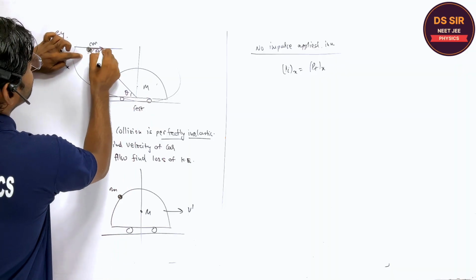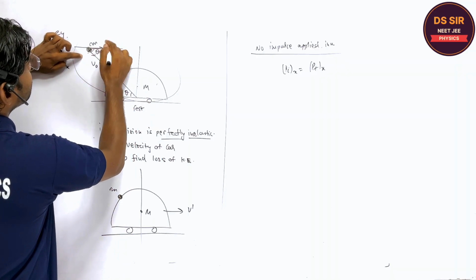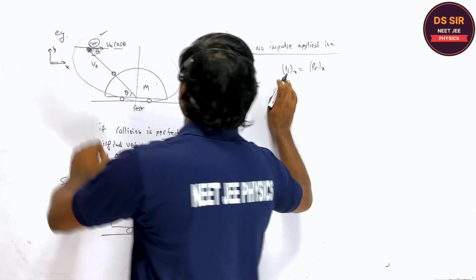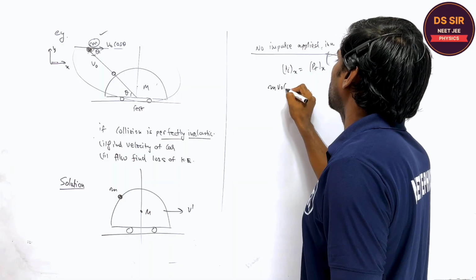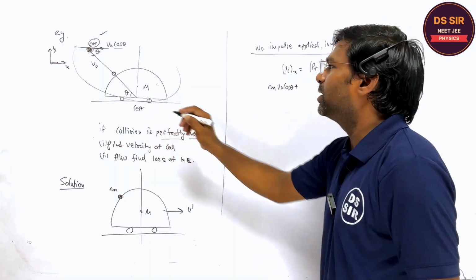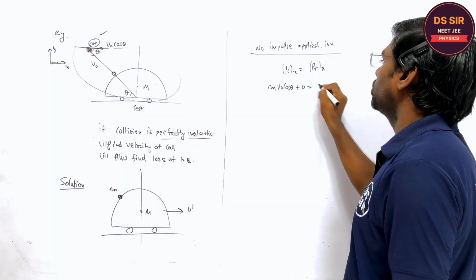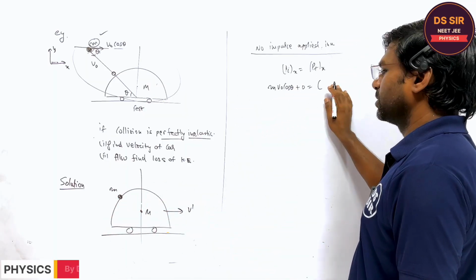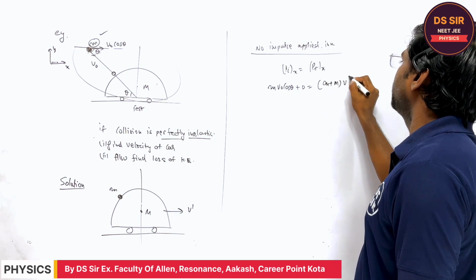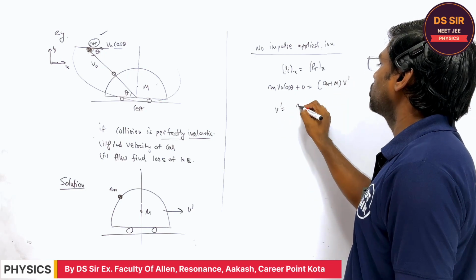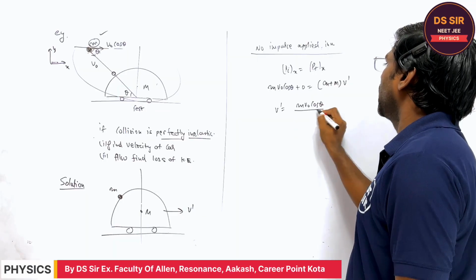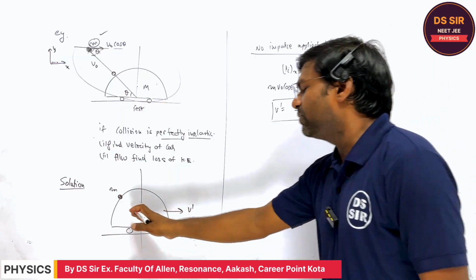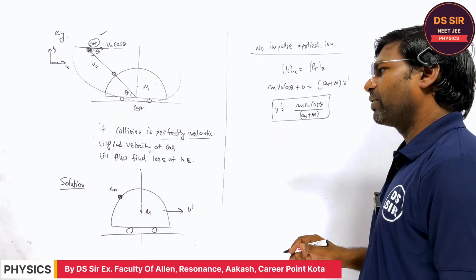For the particle, in the x direction the velocity is v naught cos theta, so only the particle has momentum in the x direction. Therefore m v naught cos theta plus the trolley's momentum, which is 0 because it is at rest. When they combine, they move as a system, so the momentum in the x direction is (m plus M) v dash. So v dash is equal to m v naught cos theta upon m plus capital M. This is the common velocity with which the car will move, right?